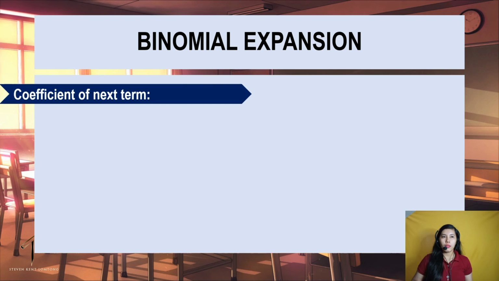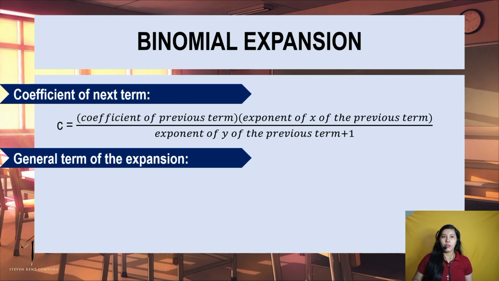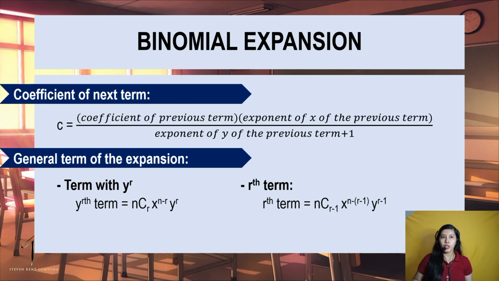For the coefficient of the next term, we have here a formula: C is equal to the coefficient of the previous term multiplied by the exponent of x of the previous term over the exponent of y of the previous term plus 1. We have the general term of the expansion. For a term with y raised to r, if we are looking for the rth term, we have to use the formula nCr x raised to n minus r, y raised to r.